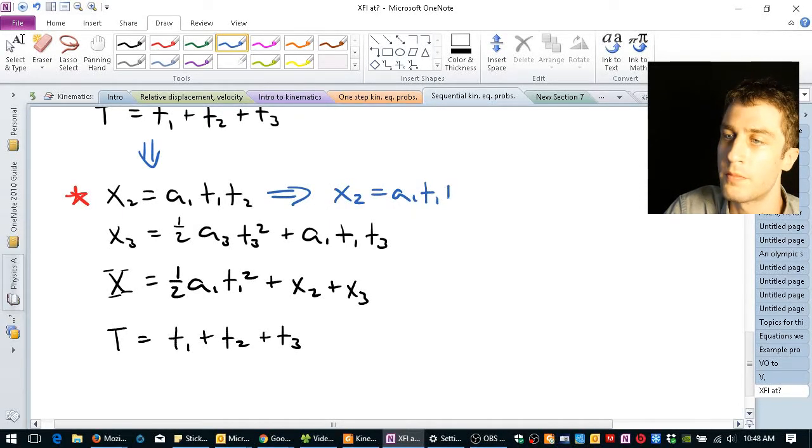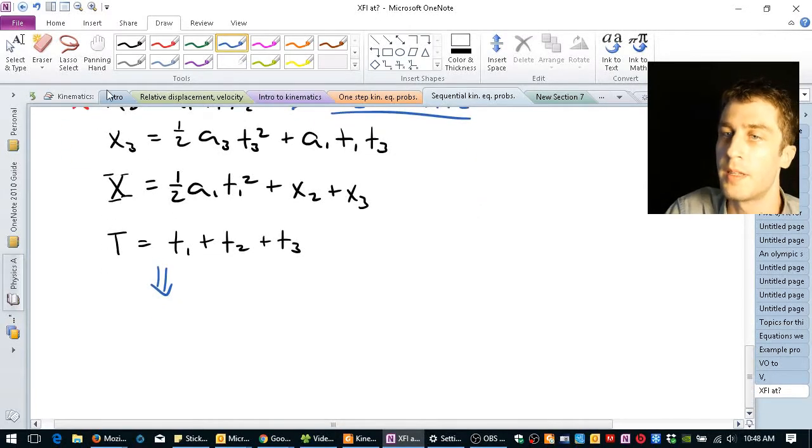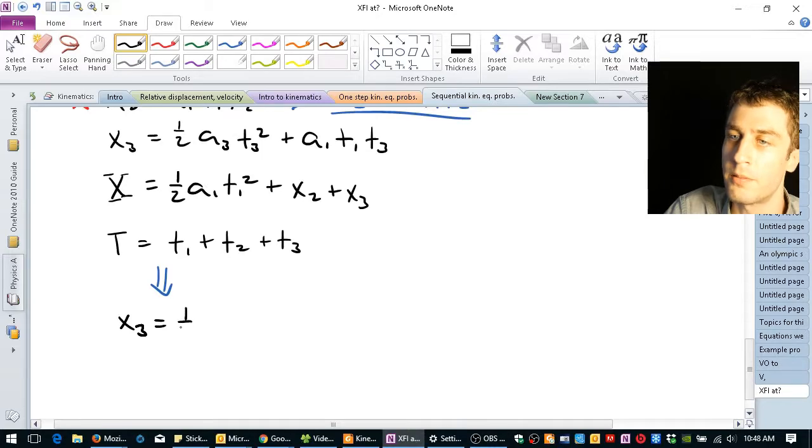Cross out the equation, substitute it in wherever we see x2, which is only right there. So you get x3 equals 1/2 a3 t3 squared plus a1 t1 t3.